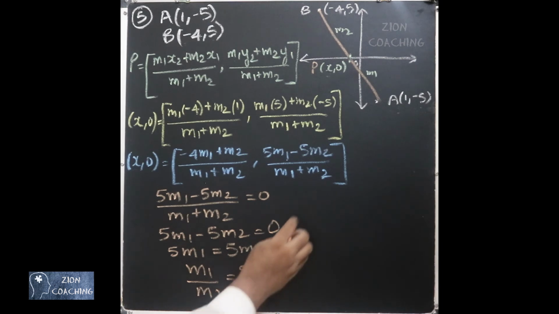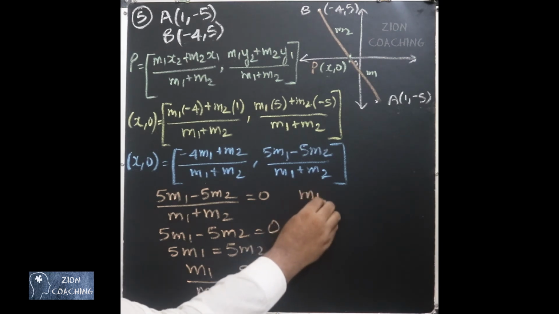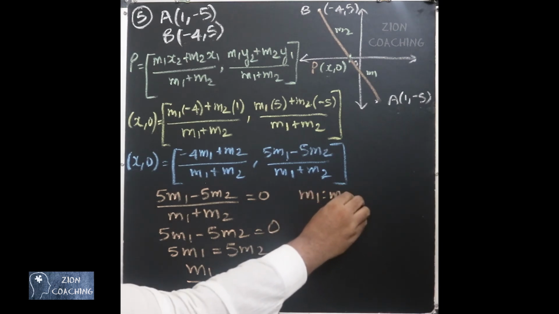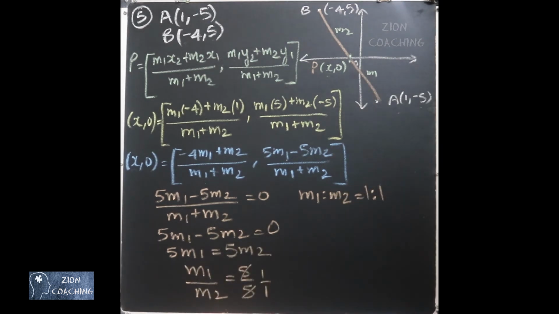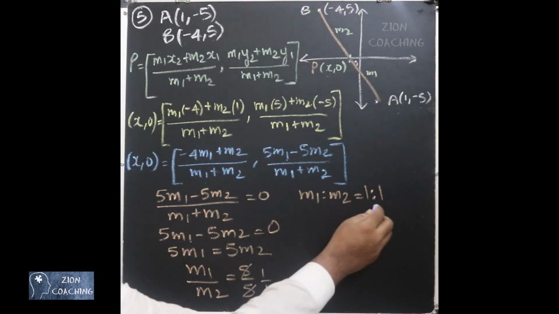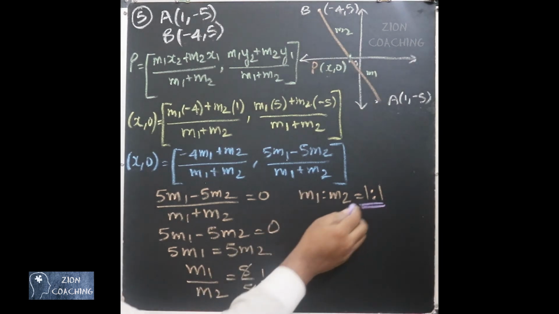So the ratio of m1 to m2 is 1:1. This is the first answer we had to find. The x-axis is dividing the given points in the ratio 1:1, that is, it is going to be the midpoint.